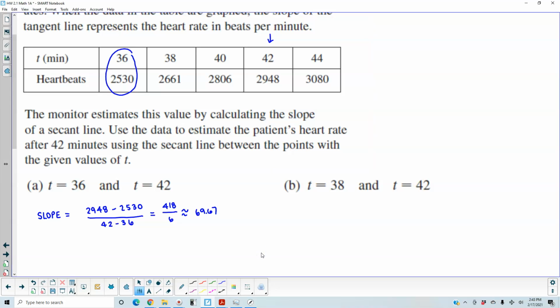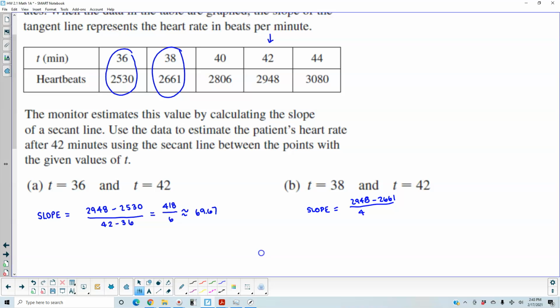Okay, now we're going to go from t equal to 38 to t equal to 42. So now we're going to use this ordered pair with 42, 2,948. So again, we're going to take 2,948, and now we're going to subtract 2,661.